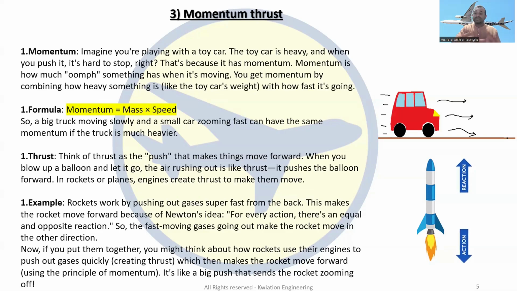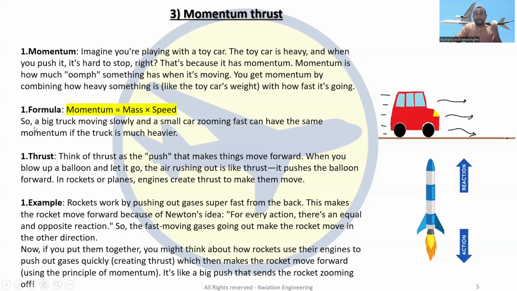So momentum is how heavy something is combined with how fast the object is moving. So let's go to the formula. The formula is momentum equals mass times speed.